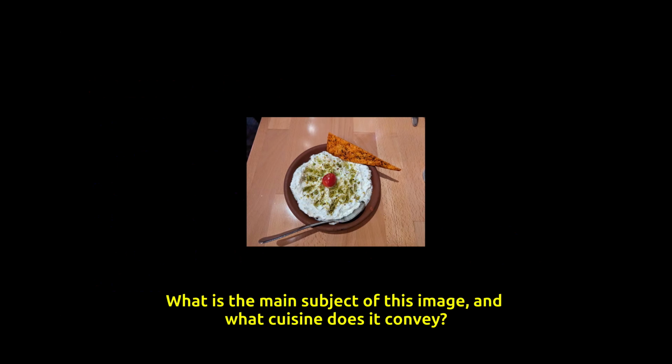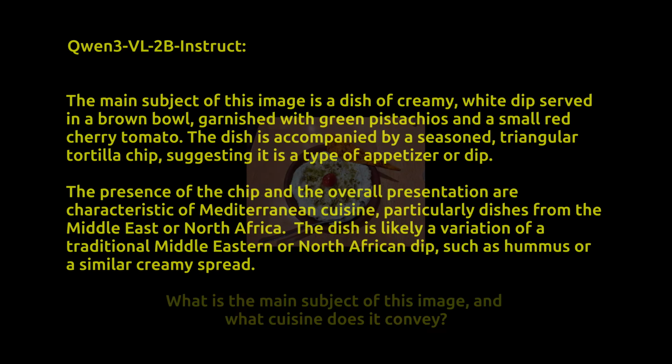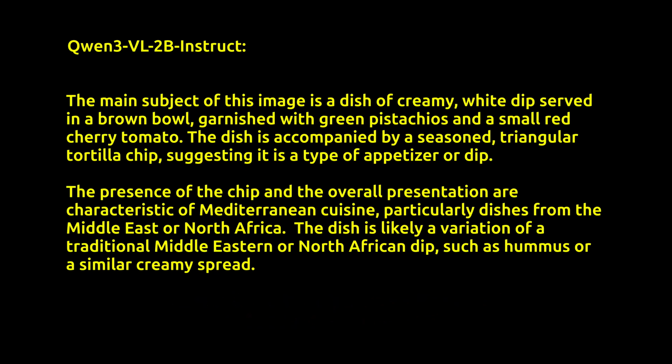Let us ask Qwen a basic question. What is the main subject of this image and what cuisine does it convey? The Qwen3-VL 2 billion Instruct model responds: the main subject of this image is a dish of creamy white dip served in a brown bowl garnished with green pistachios and a small red cherry tomato.